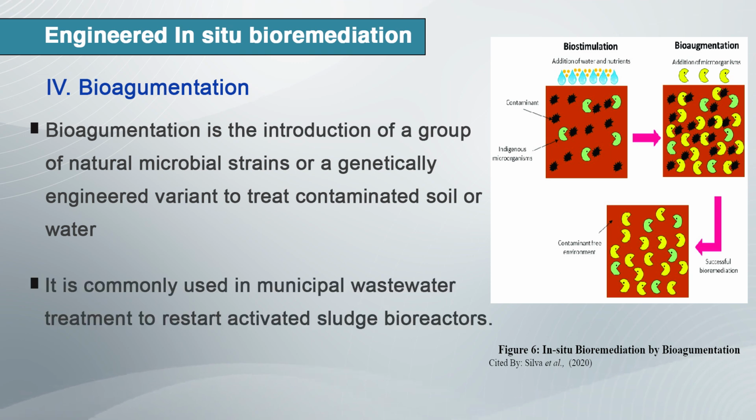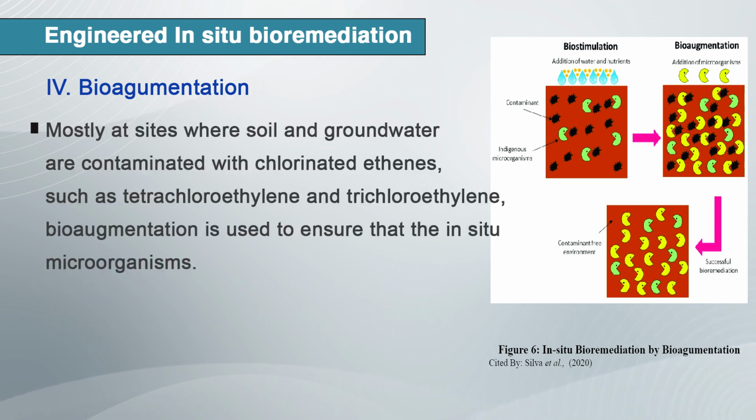This technique is commonly used in municipal wastewater treatment to restart activated sludge bioreactors, mostly at sites where soil and groundwater are contaminated with chlorinated ethenes such as tetrachloroethylene and trichloroethylene. Bioaugmentation is used to ensure that the in situ microorganisms can completely degrade these contaminants to ethylene and chloride, which are non-toxic. Monitoring of this system is difficult.